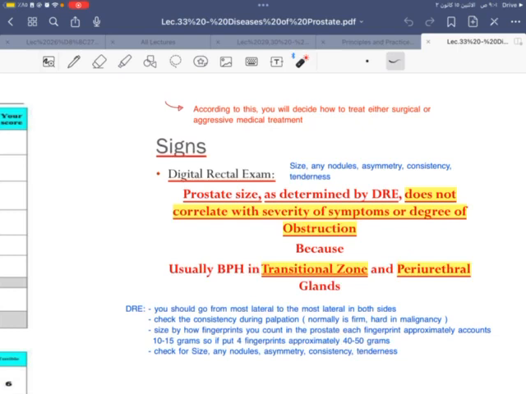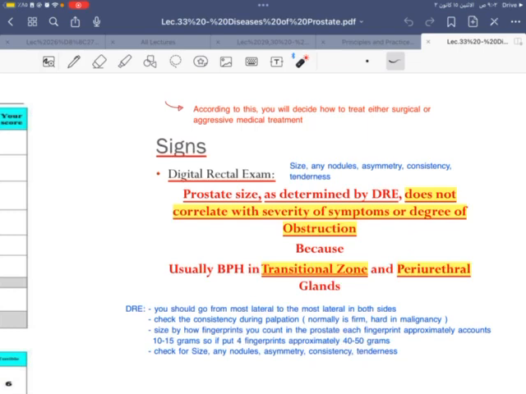You should go from the most lateral to the most lateral aspect of the prostate. Each finger breadth is around 10 to 15 grams. Suppose you examine your patient and estimate approximately 4 finger breadths. It's around 40 to 50 grams, an approximate estimate. It's not accurate.